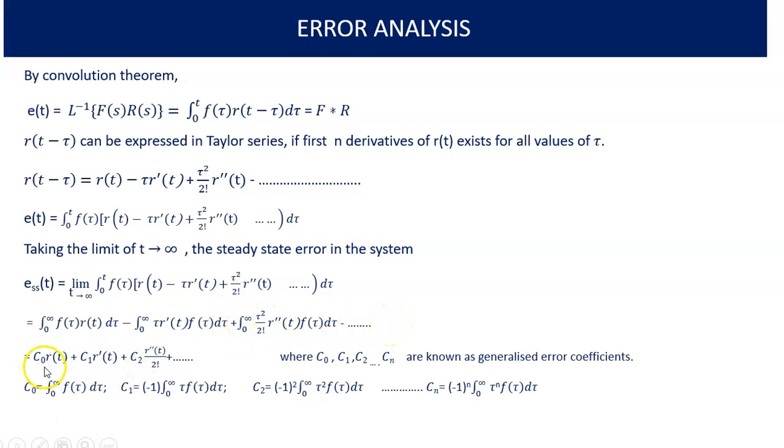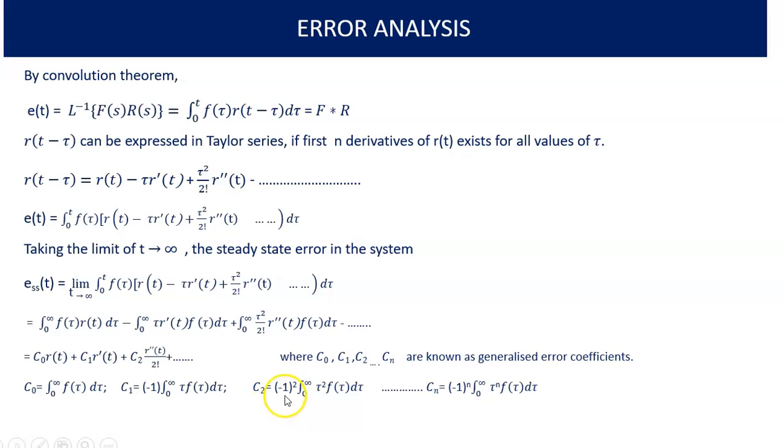This is equal to C0 r(t) plus C1 r dash(t) plus C2 r double dash(t) divided by 2 factorial plus etc. Where C0, C1, C2 up to Cn are known as generalized error coefficients or dynamic error coefficients. Where C0 is equal to integral with the limit 0 to infinity f(tau) d tau, with r(t) here. Similarly, C1 is equal to minus 1, here there is a minus sign, so put minus 1 integral 0 to infinity tau f(tau) d tau, with r dash(t) here.